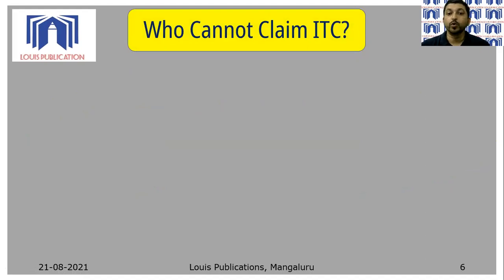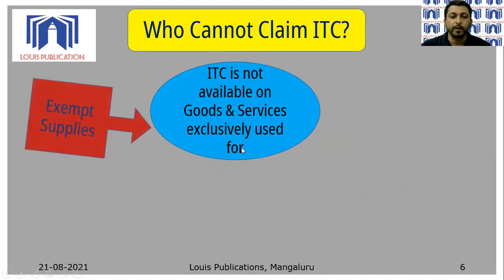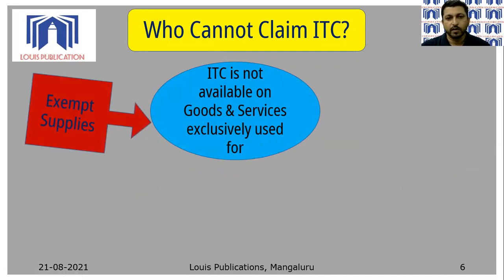Next concept is who cannot claim input tax credit. Very important concept. Input tax credit is not available on goods and services exclusively used for, I mentioned something called personal use, but before that, suppose we are talking about exempt supplies. When I am making a purchase, when there is an inward supply from my supplier, if it is an exempt supply, you can assume there is no GST at all.